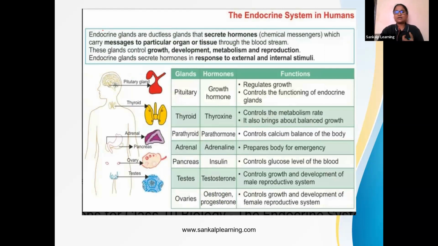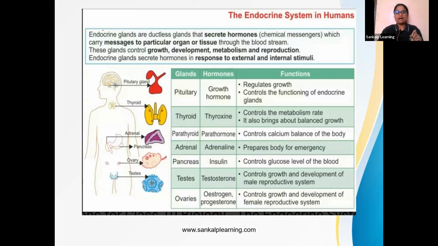These hormones are also called chemical messengers, which carry messages to a particular organ or tissue through the bloodstream. These glands will control growth, development, metabolism. What do you mean by metabolism? The overall chemical reactions which take place in a living organism is called metabolism, and reproduction.